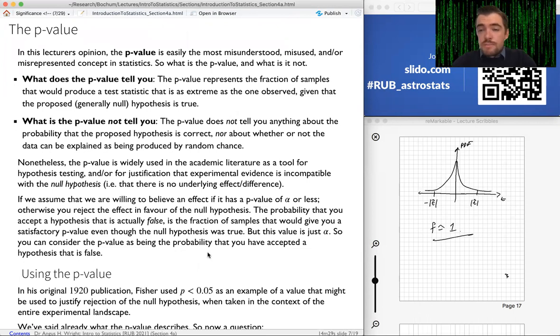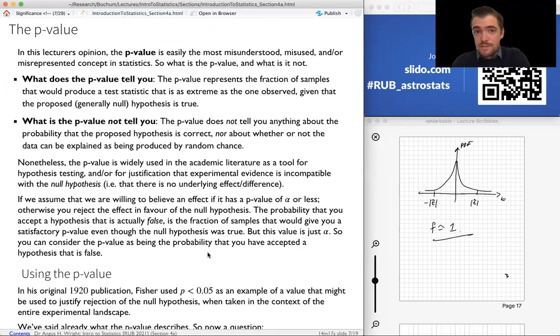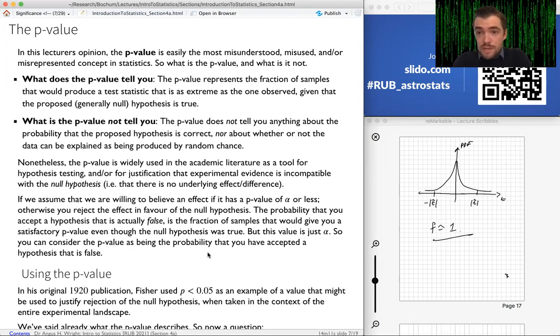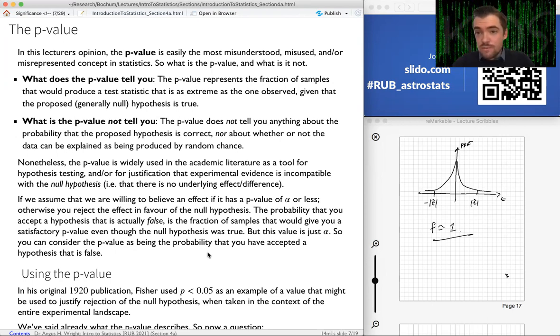And it is my opinion that the p-value is quite easily the most misused, misunderstood, misrepresented thing in the entirety of statistics. So we're going to spend today learning about abusing the p-value. We're going to be talking about the p-value, bad statistics, and what the p-value does and does not do for you.